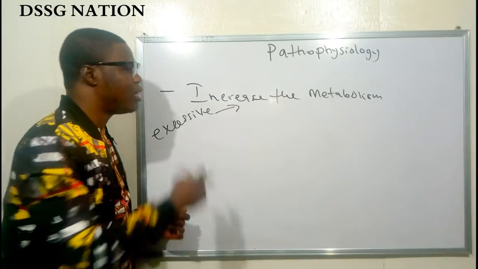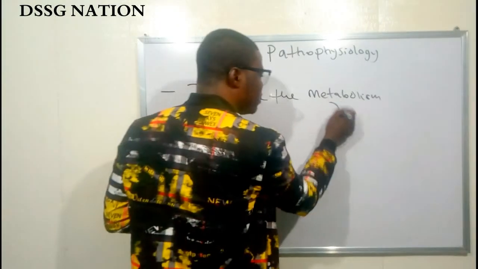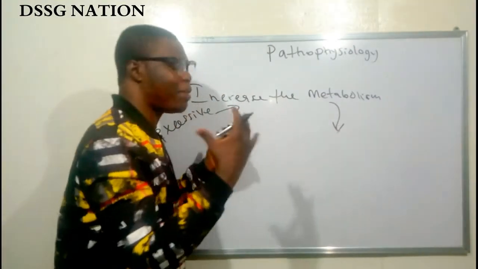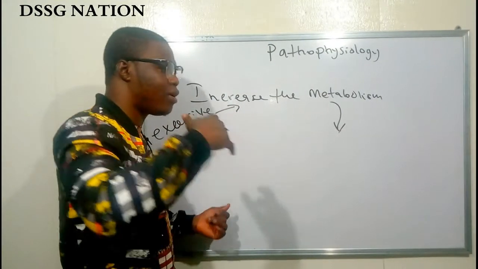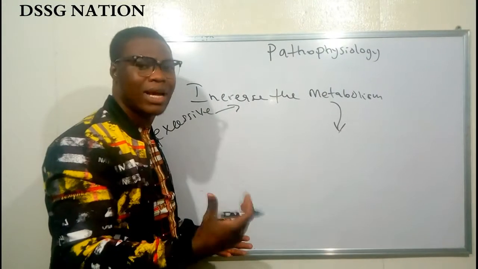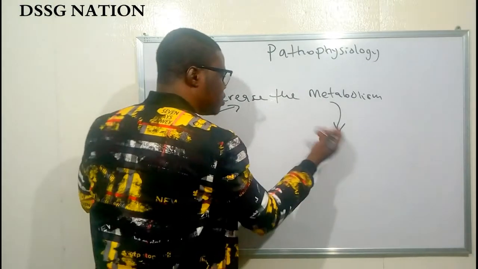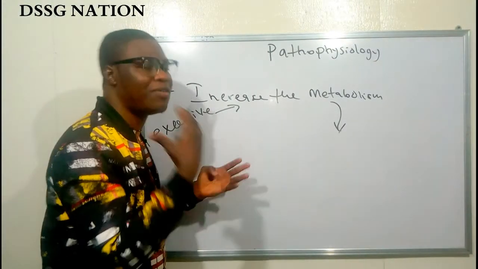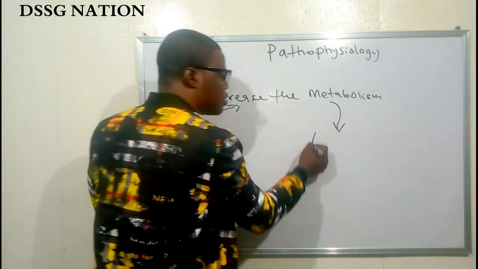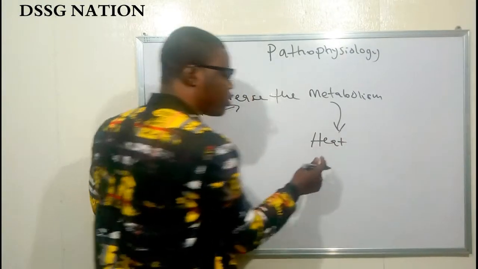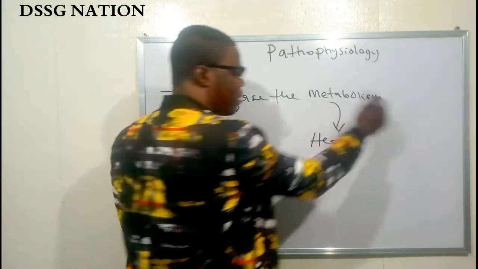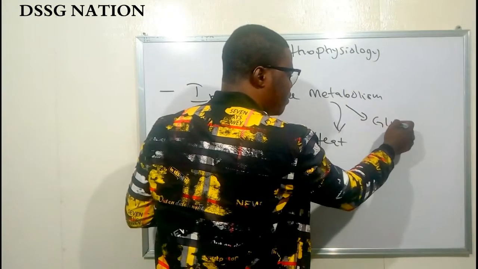Now, if there is an increase in the metabolism of the body, the carbohydrates are going to be continuously metabolized, and it will lead to generation of heat. But before talking about it, we know that metabolism of carbohydrate first will give us glucose.